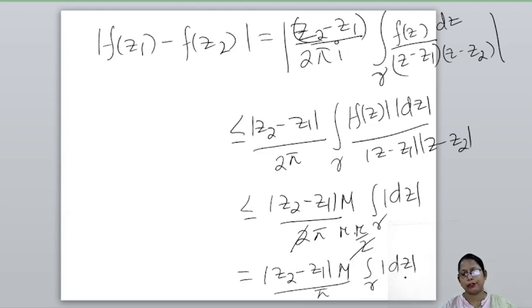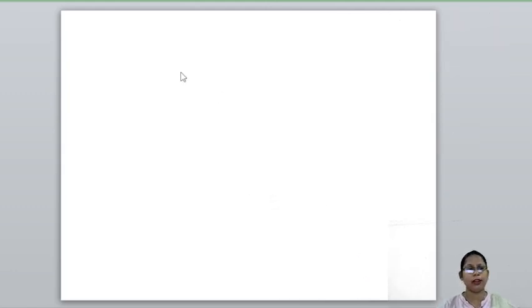In the lecture on examples of complex integrals, we found this one is the length of the arc. Here the arc is my circle, so the length of the arc is the perimeter of the circle, and the perimeter of the circle is 2 pi r. So put that value. Even if you write z2 minus z1, that is also correct.